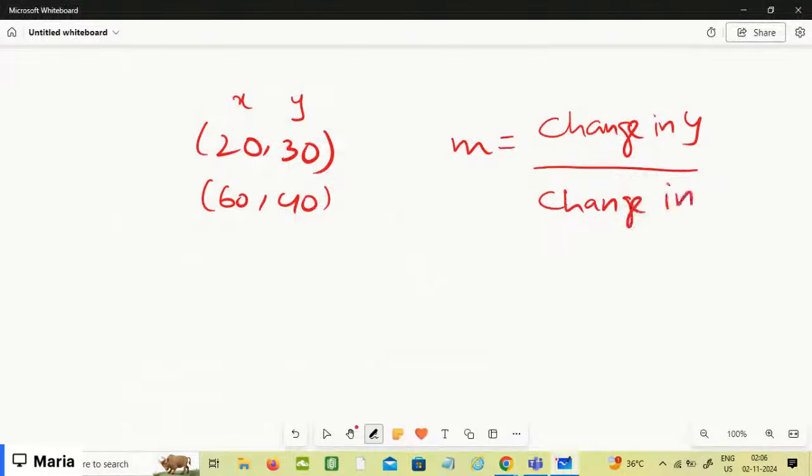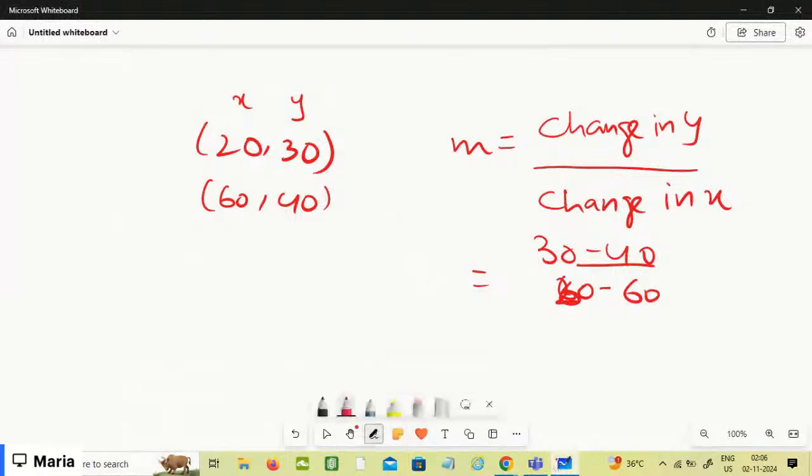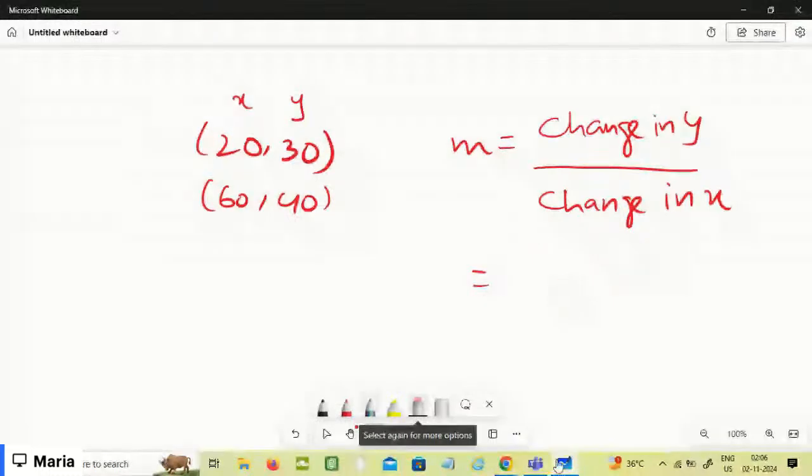You have to subtract the y coordinates, 40 minus 30 divided by 60 minus 20.